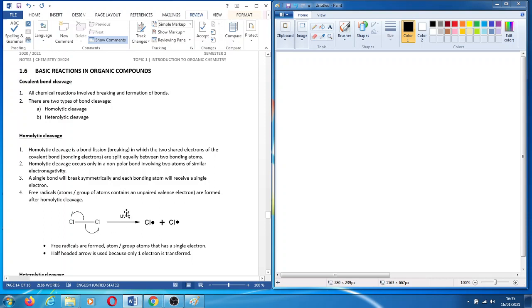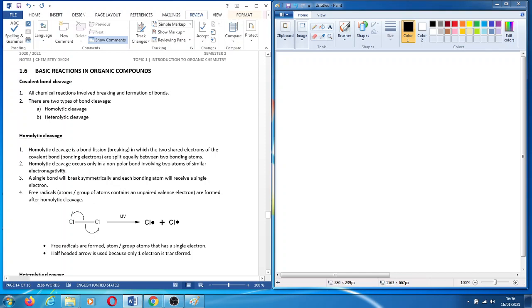Okay, when we have UV, the energy here will be used to break the bond. Okay, and then what happened? Each of the Cl will get the same amount of electrons, split equally between two bonding atoms.